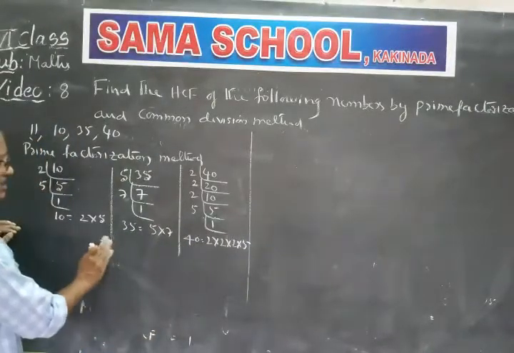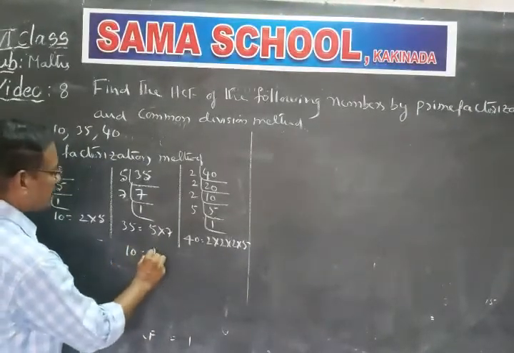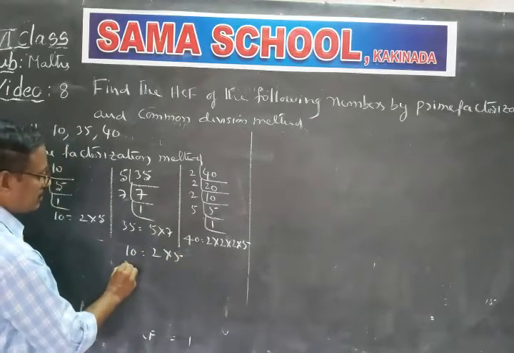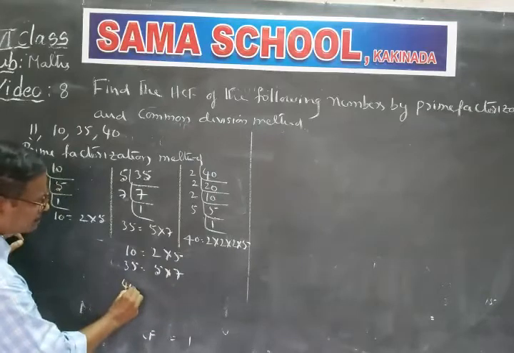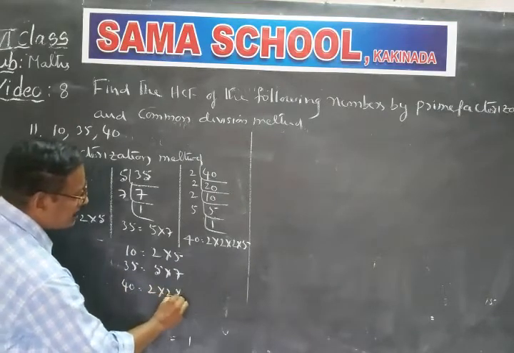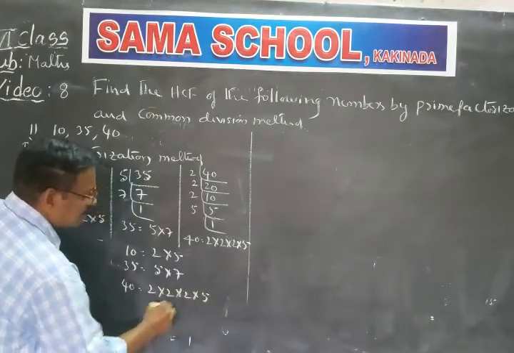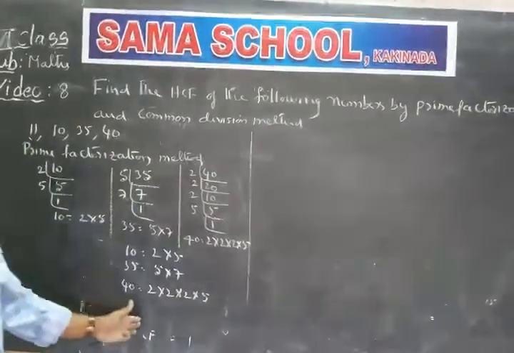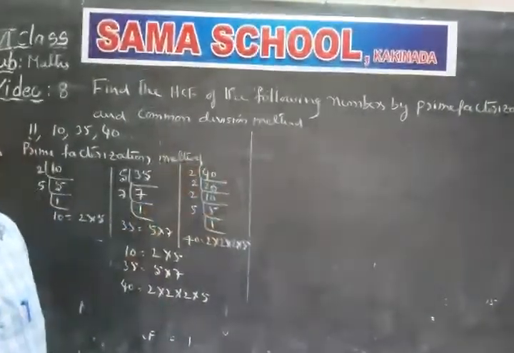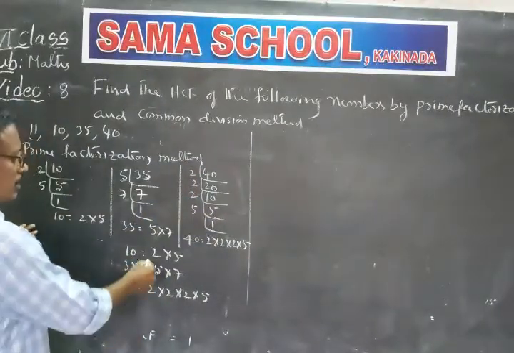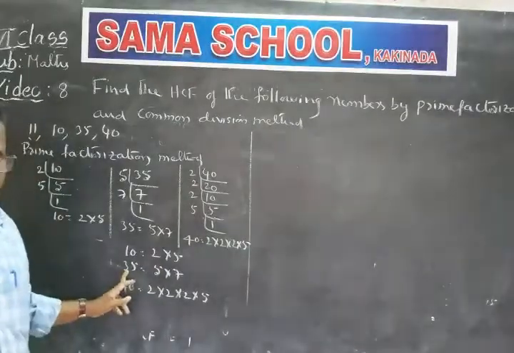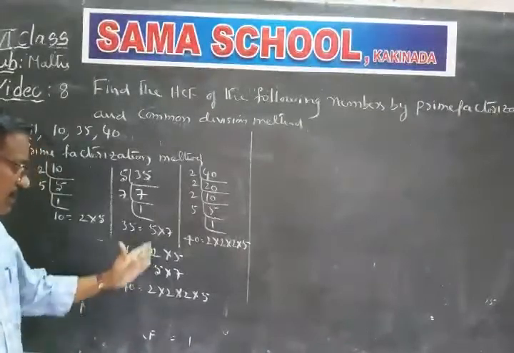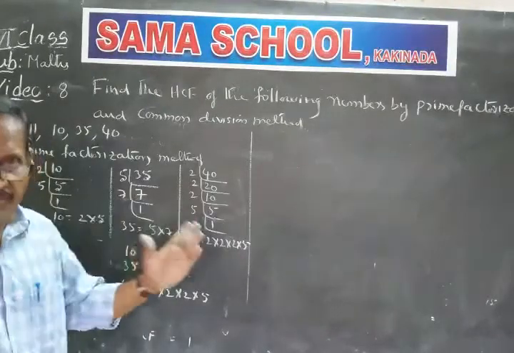Now write the numbers. 10 is equal to 2 into 5. 35 is equal to 5 into 7. 40 is equal to 2 into 2 into 2 into 5. In these three numbers, what is the common factor? 10 has 2 and 40 has 2, but 35 does not have 2, so 2 is not a common factor.